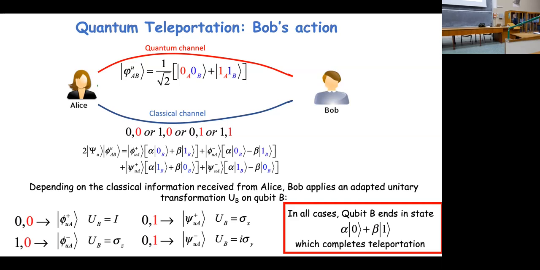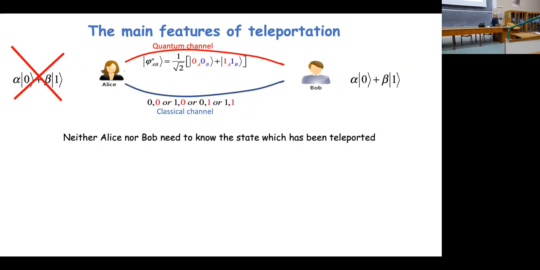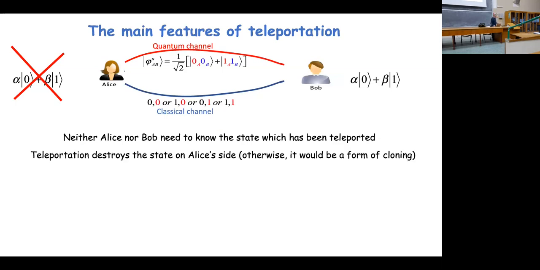So now I just conclude with the properties of this teleportation process. First of all, neither Alice nor Bob have to know the state which has been teleported. Second, very important point, teleportation destroys the initial state because Alice is manipulating U plus A, and so the initial state has disappeared.